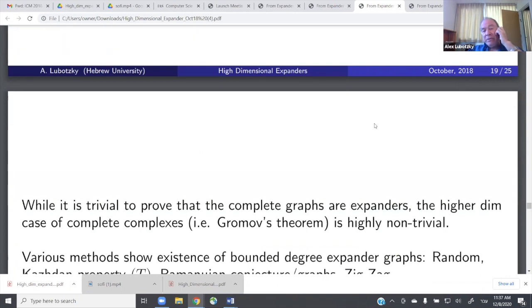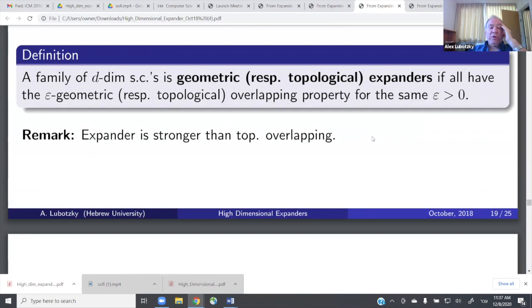Okay, let me see what we saw so far. We saw that the complete simplicial complex of dimension D on n points, with n going to infinity, is a geometric expander by Bárány, and it's even a topological expander by Gromov, and this is a highly non-trivial theorem.